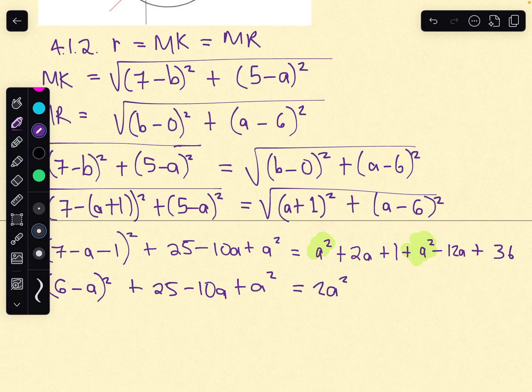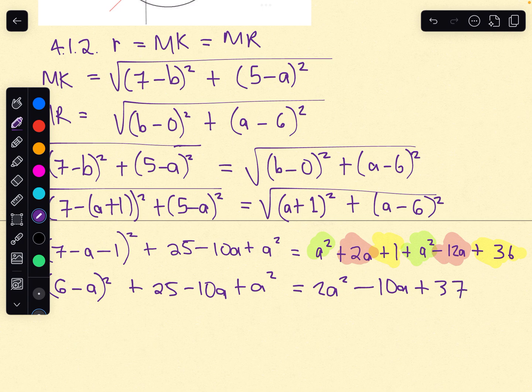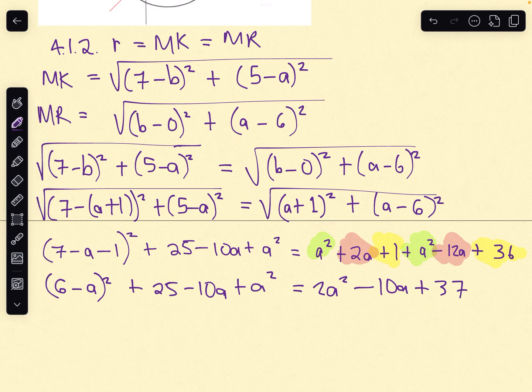We have 2a minus 12a, so that will be minus 10a. And then lastly we have 1 plus 36, so that would be 37. Right, and then here we can multiply out our product: 6 times 6 is 36, minus 6a, minus 6a, minus a times minus a.